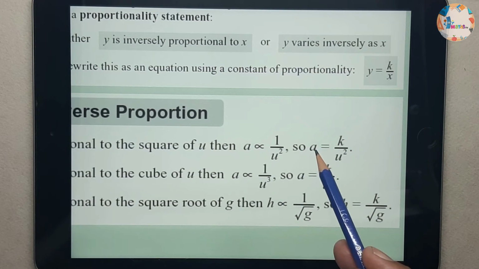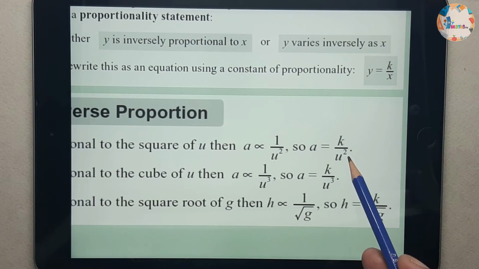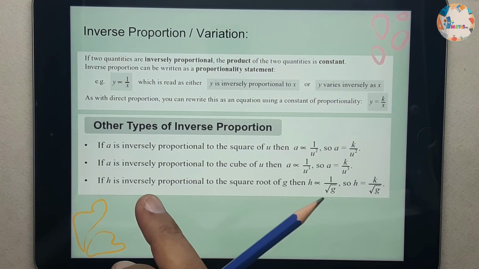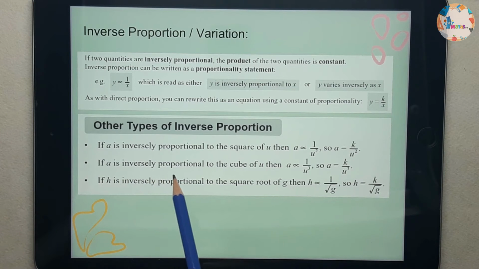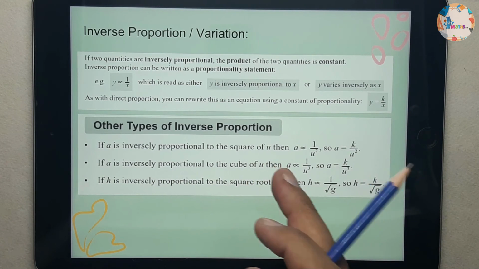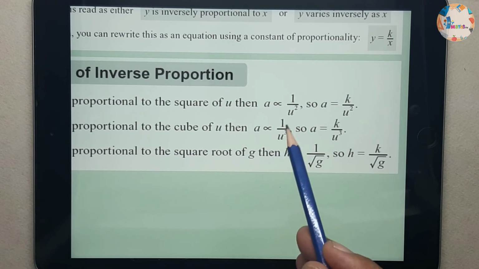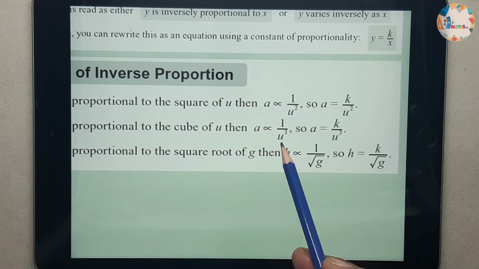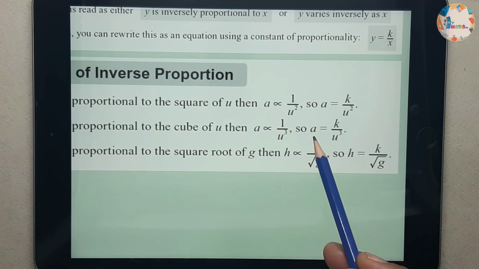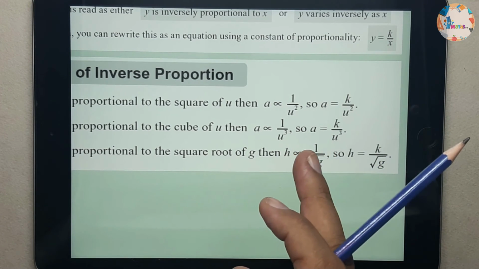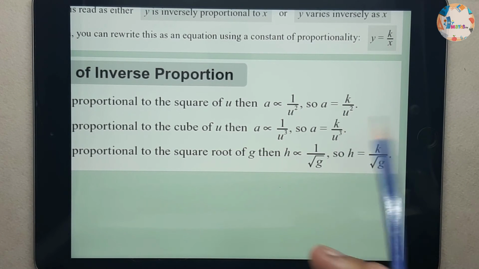Our equation will become A is equal to k over U square. Now sometimes they are saying A is inversely proportional to the cube of U, we will write A is inversely proportional to 1 over U cube, or we can write A is equal to k over U cube. So this is how we are using it in case of square and cube.